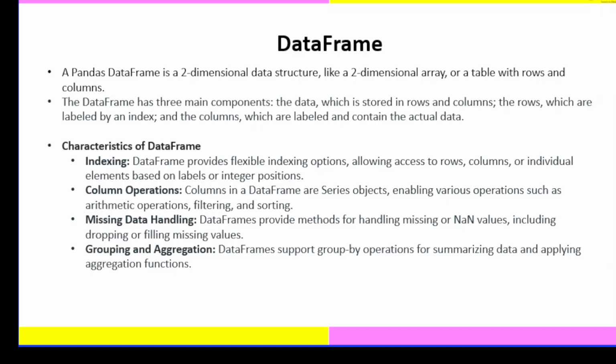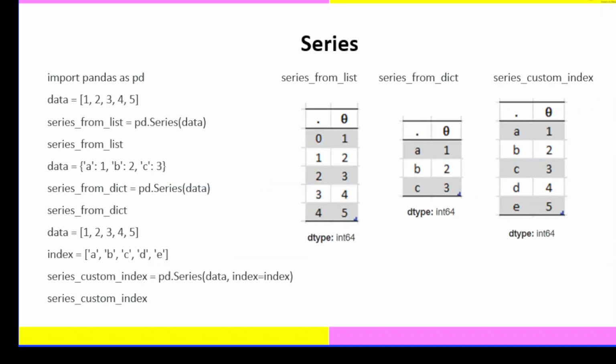That's all about data frame and series explanation. Now comes the explanation part of series. Now I want to create a series. In pandas, in Python, you already know how to create a list or a dictionary. To create a series, first, for example, let's say I have created a list, something like this.